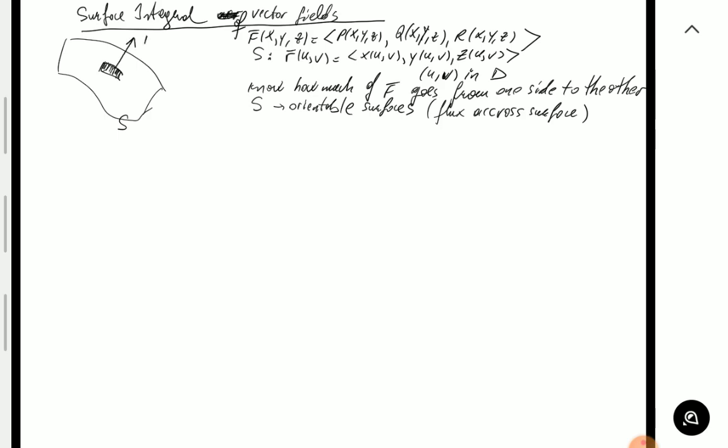In other words, when you do the surface integral for a vector field, you have to be careful how you compute the order of the cross products, r_u cross r_v or r_v cross r_u, so that you make sure the orientation is the one you want in the problem. We want to know how much of the vector field flows across this unit normal.